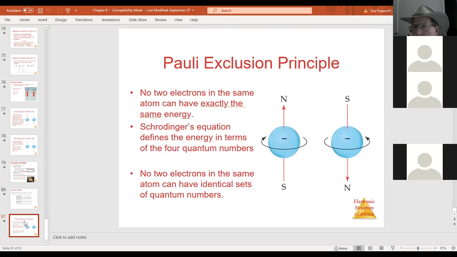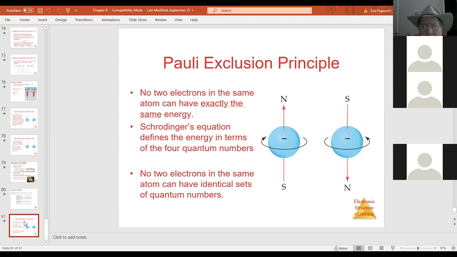Pauli's exclusion principle says no two electrons can have exactly the same energy. Now, when we're dealing with quantum numbers, those were a solution for the energy. So in effect, this is saying no two electrons can have the exact same quantum numbers, which is why the M sub s was introduced.